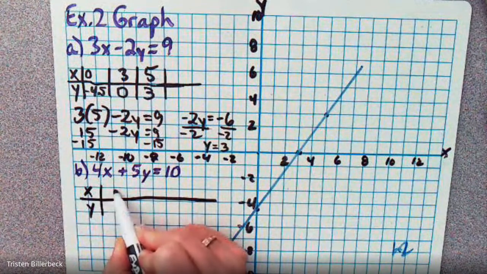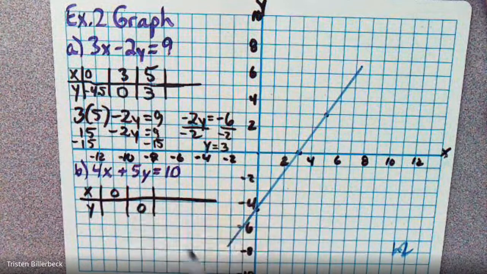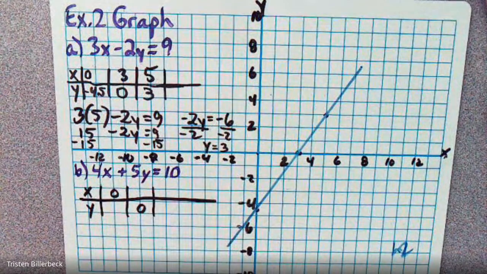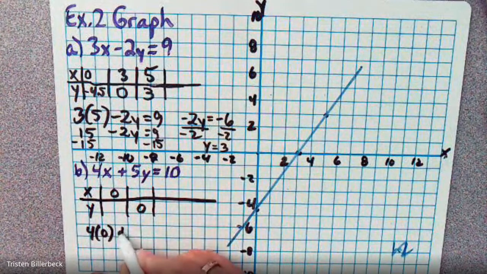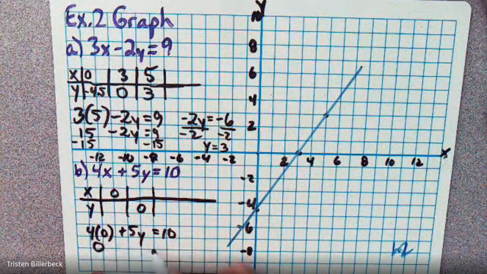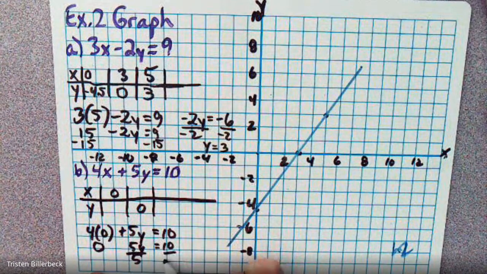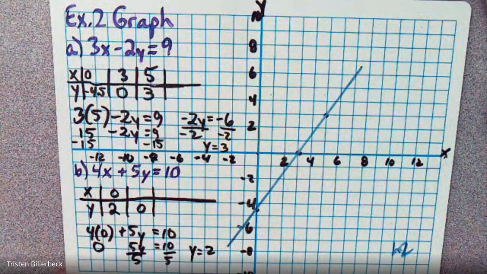So of course we're going to do a 0 like that and a 0 like that to see if we have easy solutions. So 4 times 0 plus 5y equals 10. So this is 0, and then we have 5y equals 10. We divide by 5, and we get y equals 2. So that was nice. It's a good point.